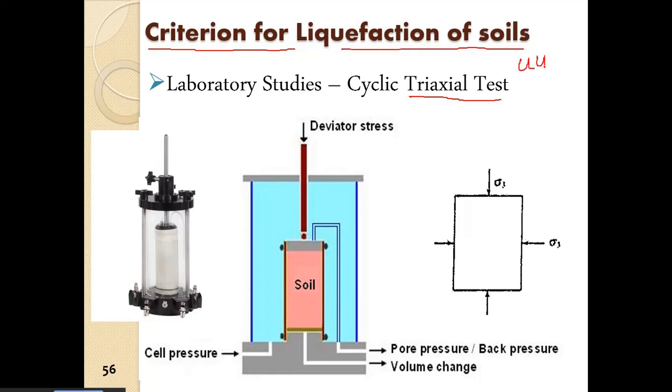We have UU, CU, and CD. CD is consolidated drained, so here the shearing is under drained condition, and here the shearing is under undrained condition.